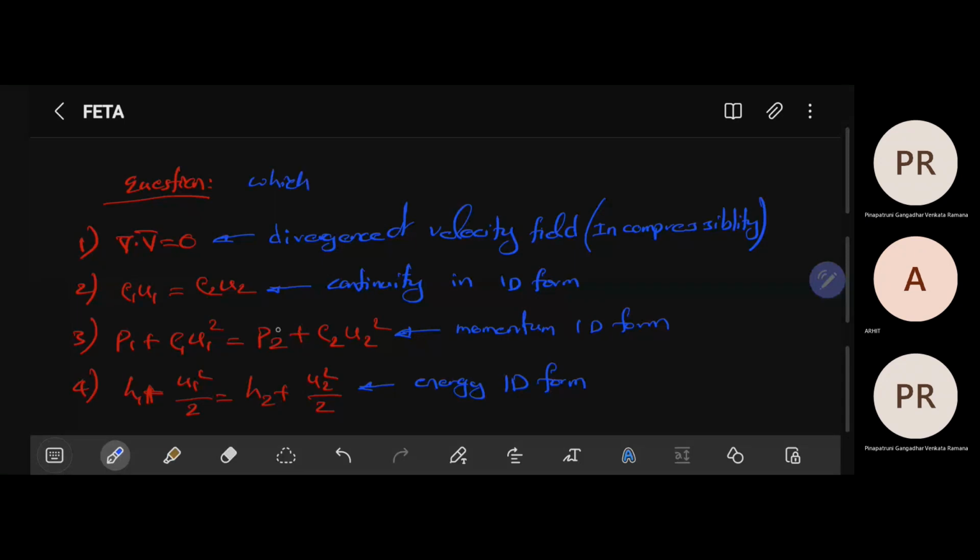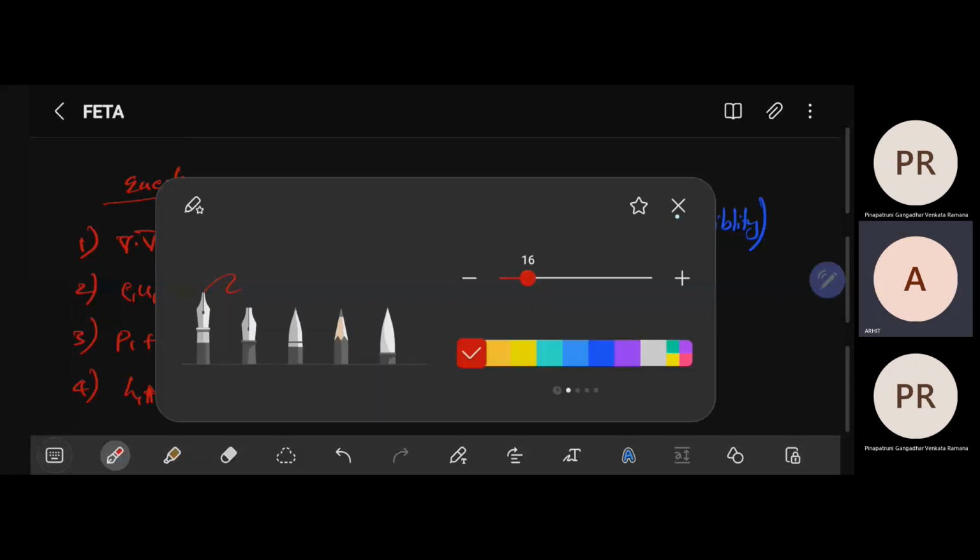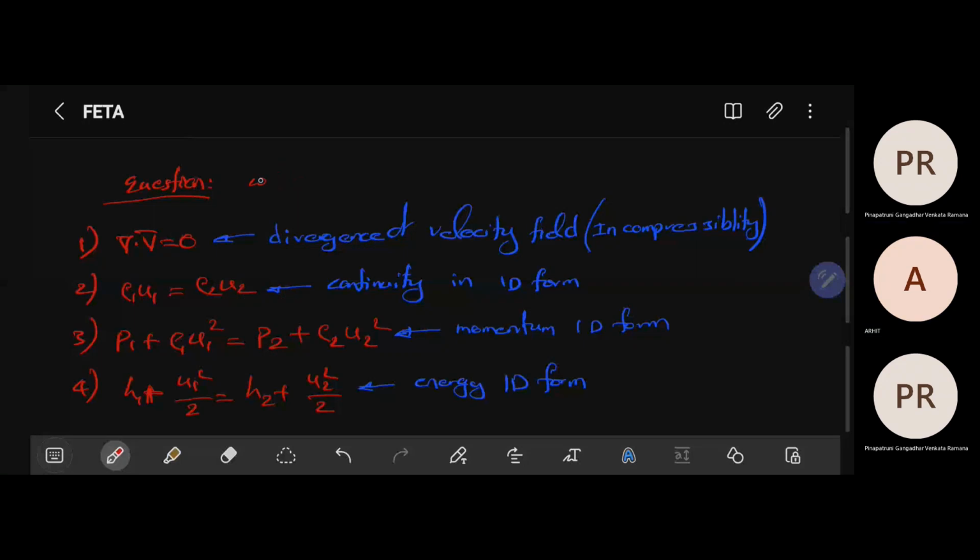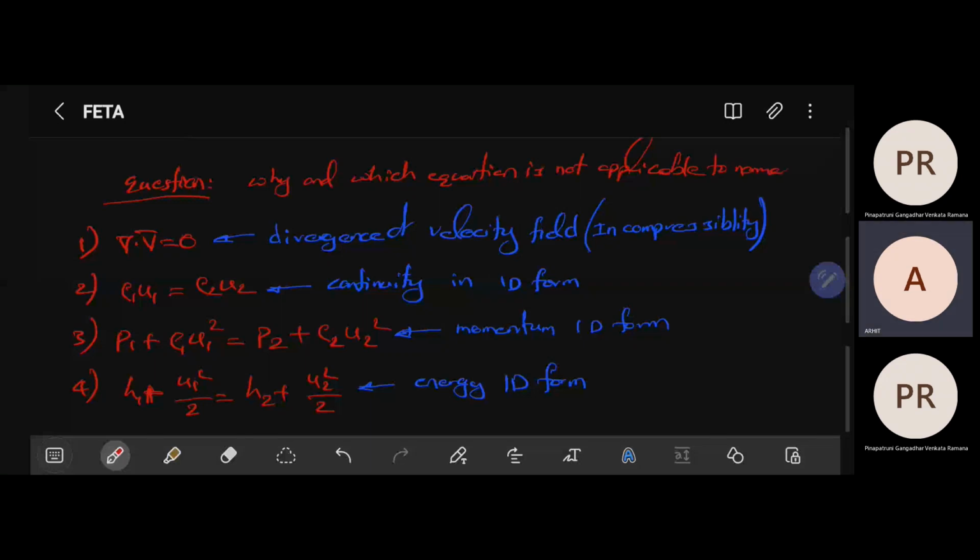Which equation is not applicable to shock waves? Continuity equation, I think. Why is it not continuity? Sir, if we analyze the supersonic flow before and after a normal shock wave, there will be a decrease of pressure, a sharp slope.